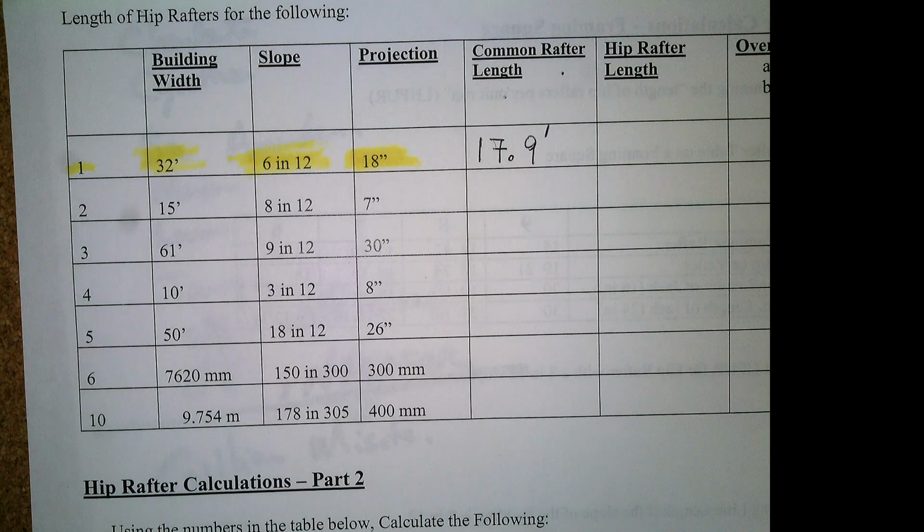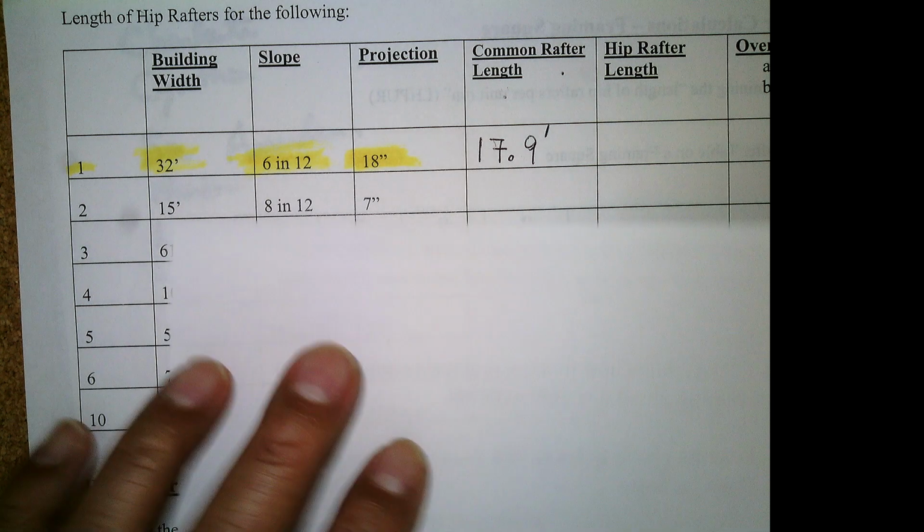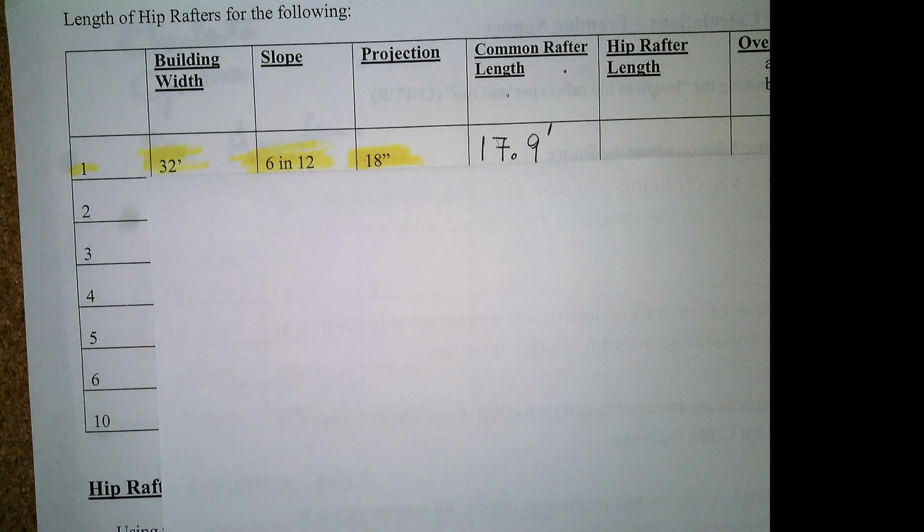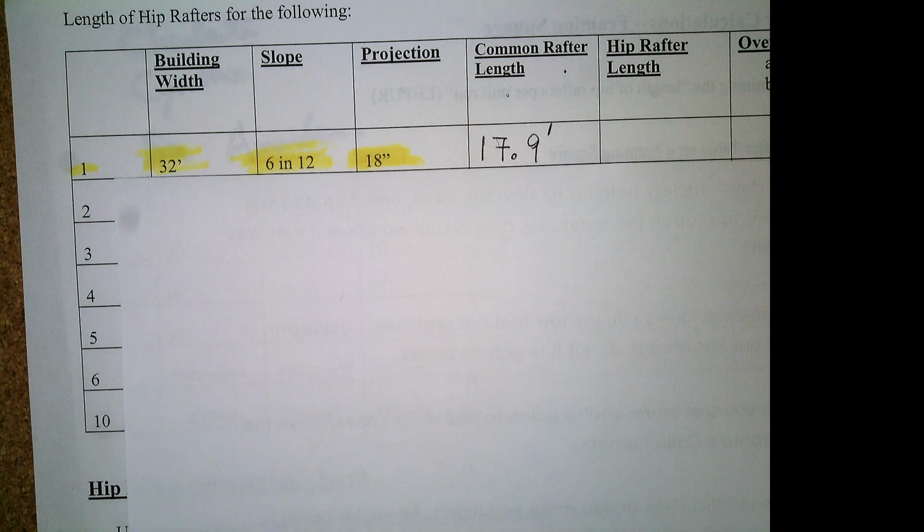The hip rafter length is the perception skill, but you must accept it if the formula is given. It is the relationship of a right angle triangle between the run square and the common rafter square.